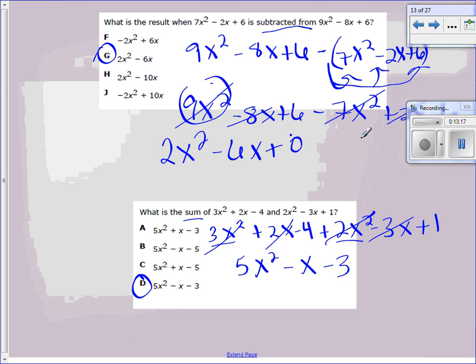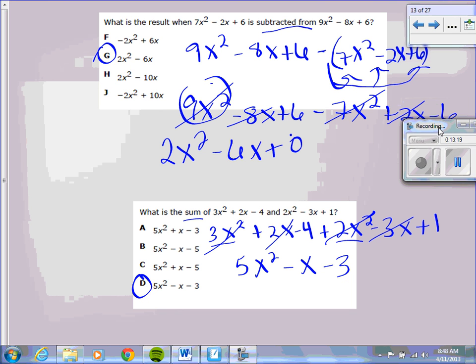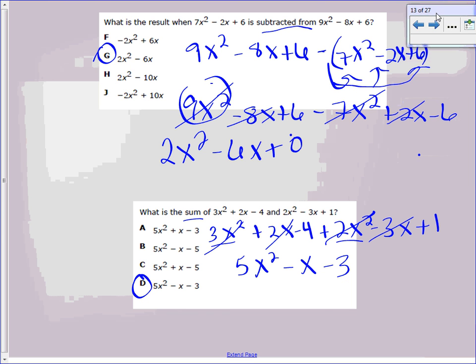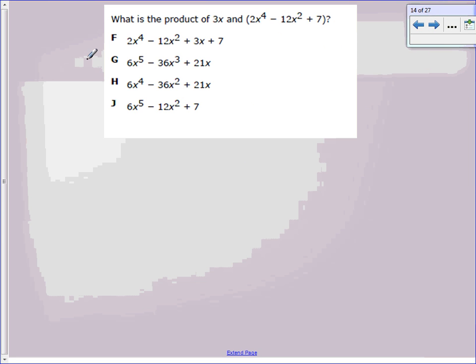Okay. You guys ready? What is the product? Product means we're multiplying. That means I have to distribute now. 3x times 2x is what? 6.